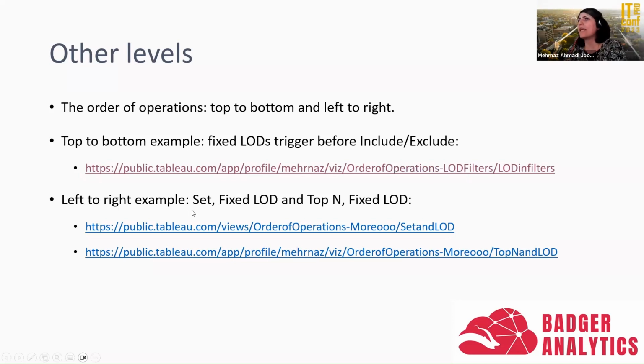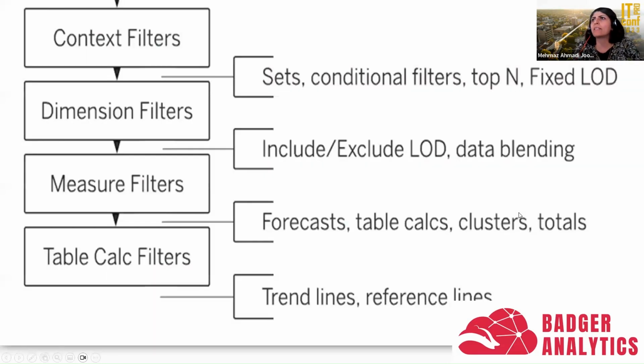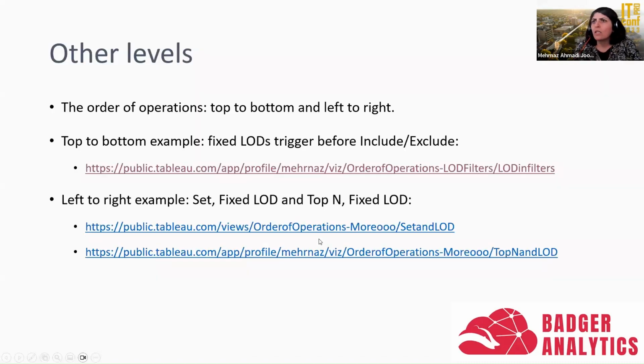And we have set, we have fixed LOD and top N. Let's take a look at this again. So set is supposed to run before the top N and fixed LOD. And again, top N is supposed to run before this. Let's take a look at this one.